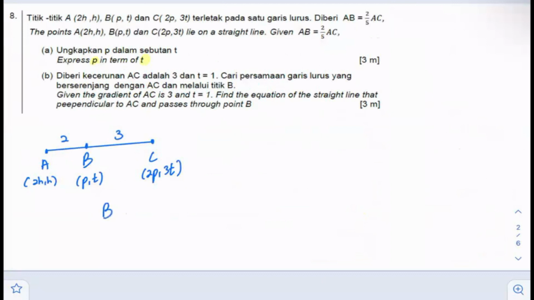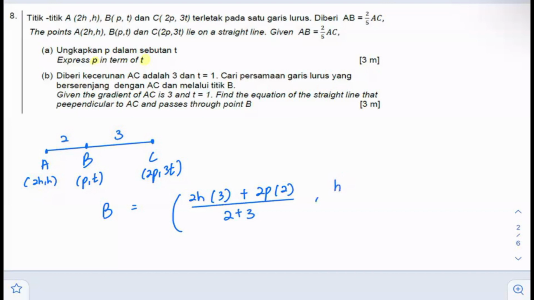So we have B equal to 2H multiplied with the opposite ratio plus 2P multiplied with the opposite ratio, which means this X will be multiplied with 3 here and 2P multiplied with 2 here. That's how we get the X coordinate. And remember, divide by 2 plus 3.